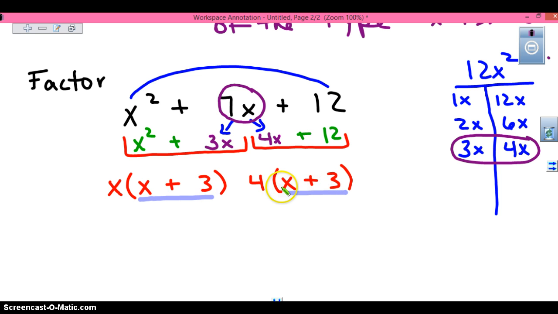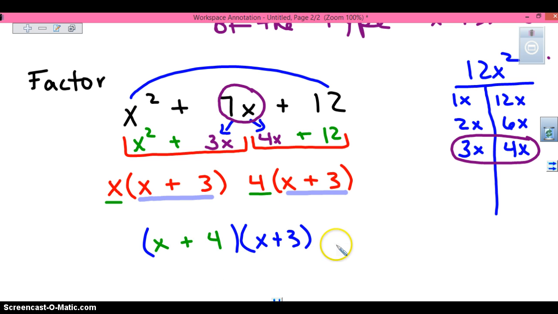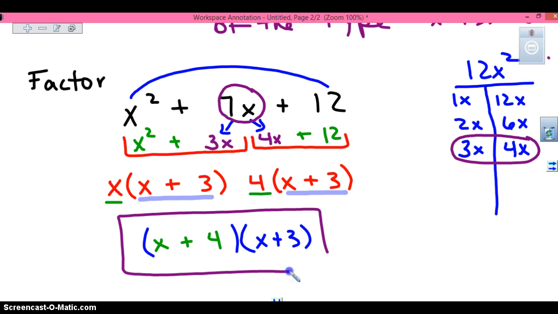Because from here, I can factor out my common binomial, x plus 3, times this x plus this 4. And these would be the factors of x squared plus 7x plus 12.